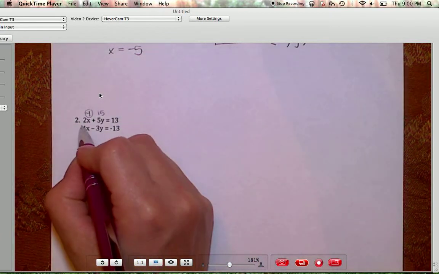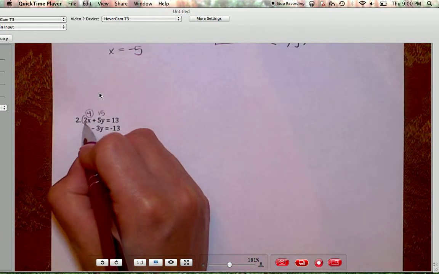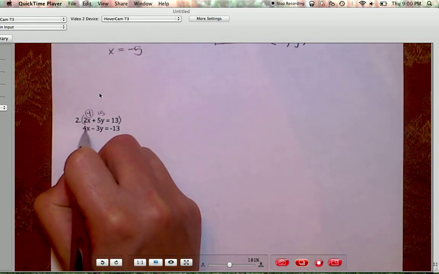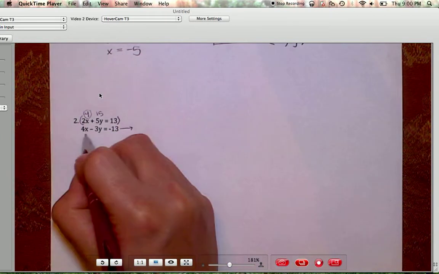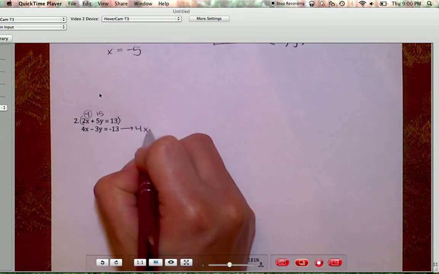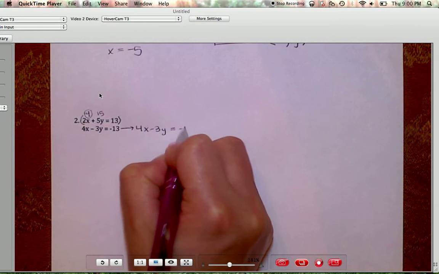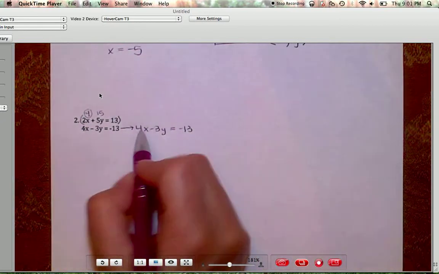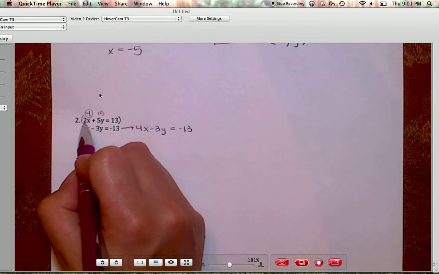So then you want to ask yourself, what do I need to multiply this whole equation by so I can get a 4 here or a negative 4? Now since this one is already a positive 4, we're not going to do anything to it. We're just going to bring it over. 4x minus 3y equals negative 13. So if we have a positive 4, we need to get a negative 4 here. So what can we multiply 2 by to get negative 4?